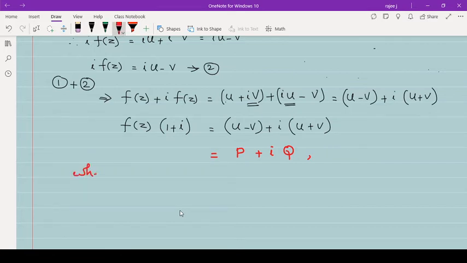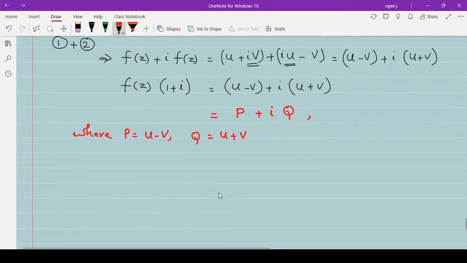Where p is u minus v and q is u plus v, and the left side is (1 plus i) times f(z). So this is p plus iq. Now since f(z) is analytic, u and v are also analytic, so we can apply the Cauchy-Riemann equations here. So u minus v and u plus v we have here.